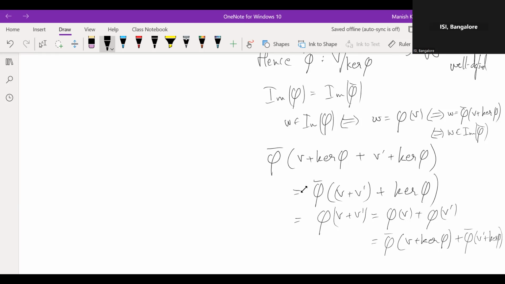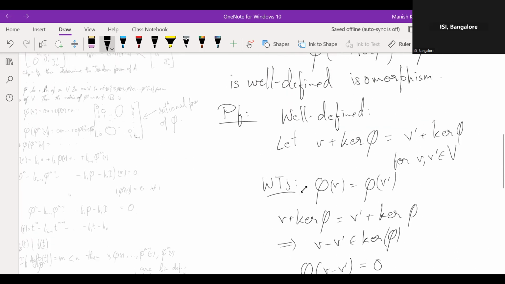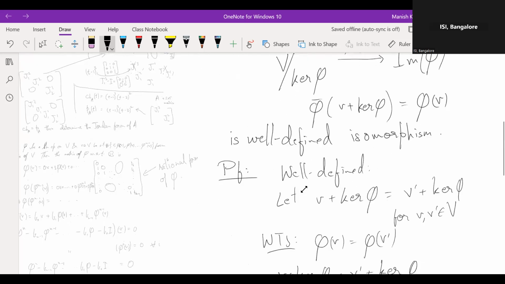Since you haven't seen the first isomorphism theorem, I'm doing everything in complete detail. So you see that phi bar is additive, and it behaves well with scalar multiplication.